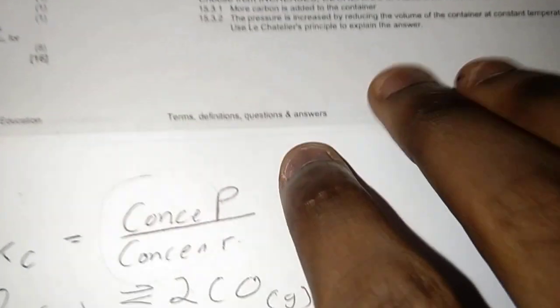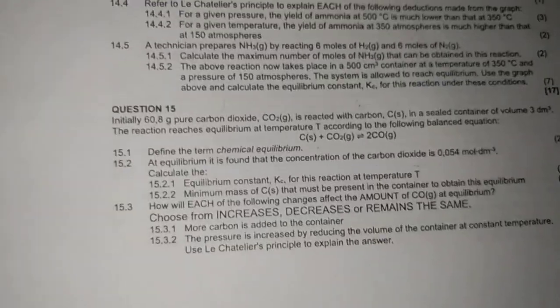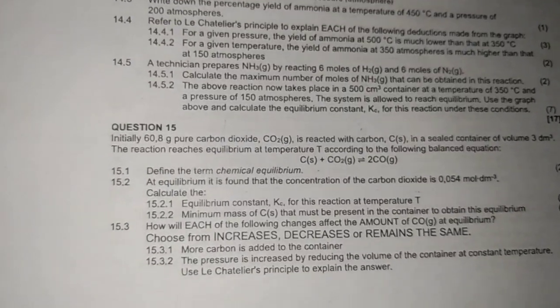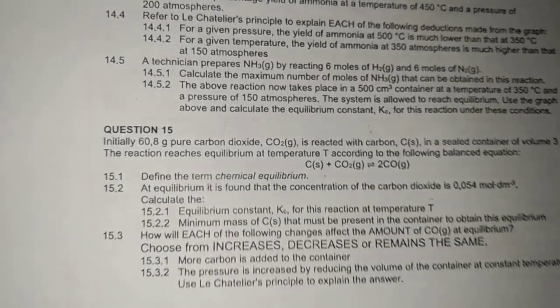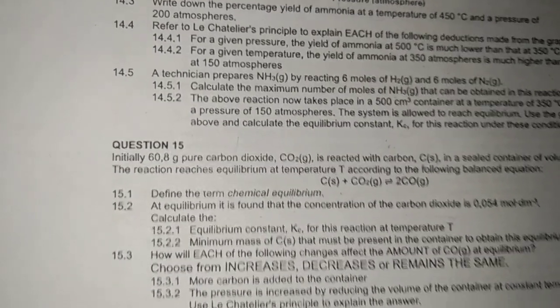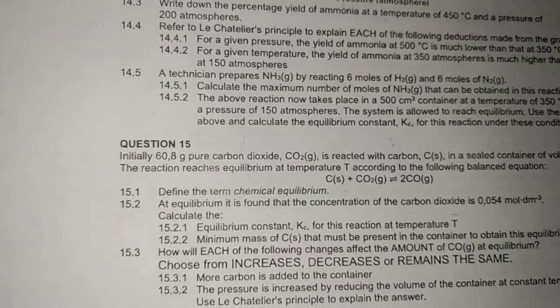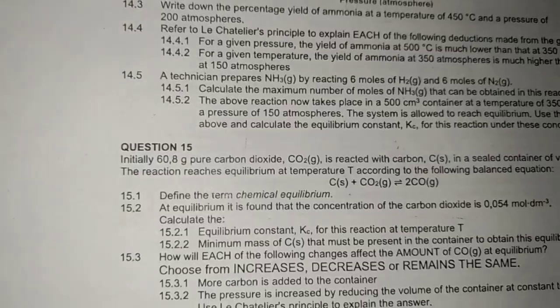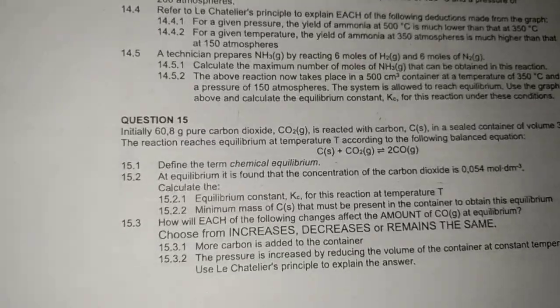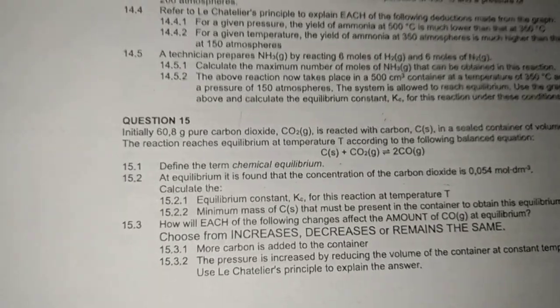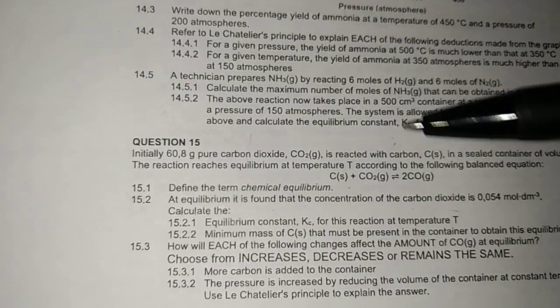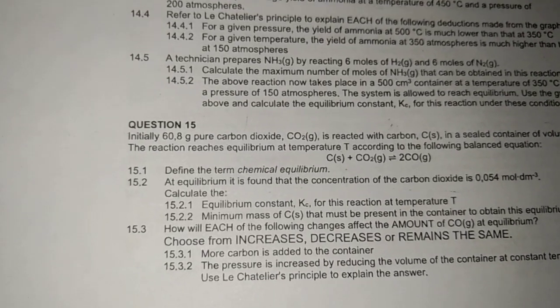We're going to have to write down the data that we get from the statement. It says initially we have 60,8 g of CO2, carbon dioxide. Now if we go ahead and read, which is reacted with carbon in a sealed container of volume 3 dm3.